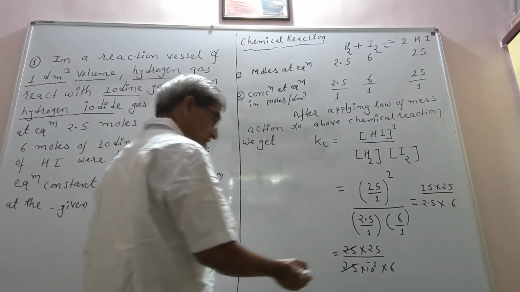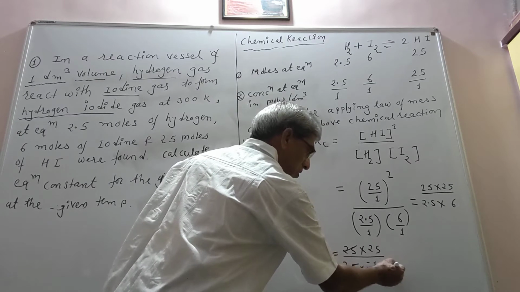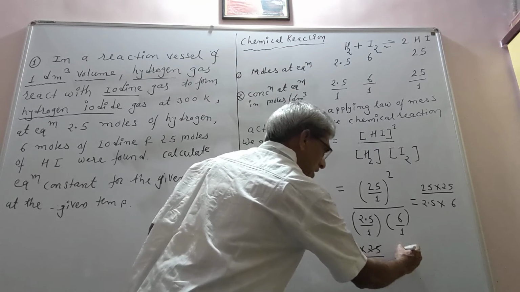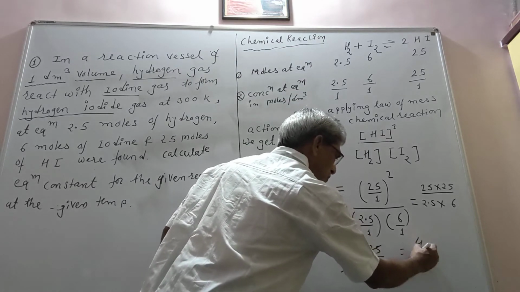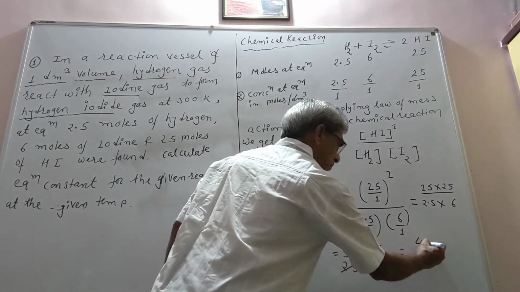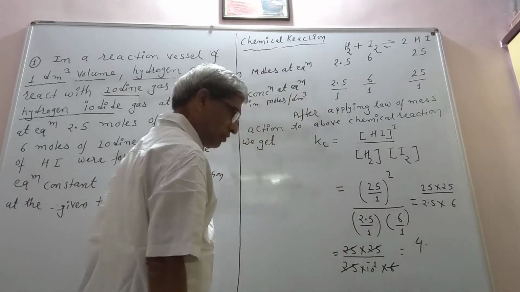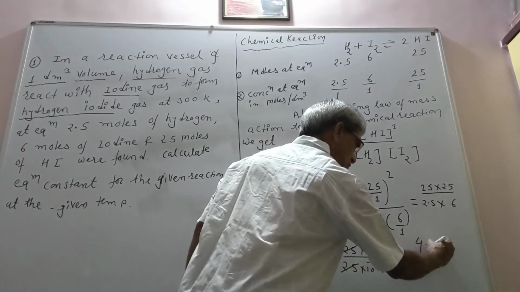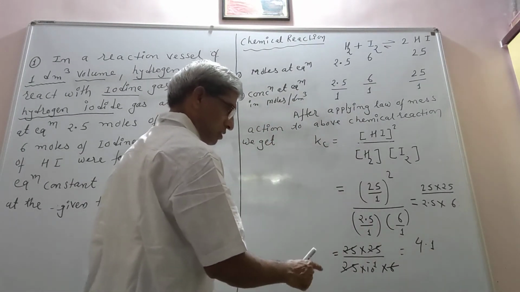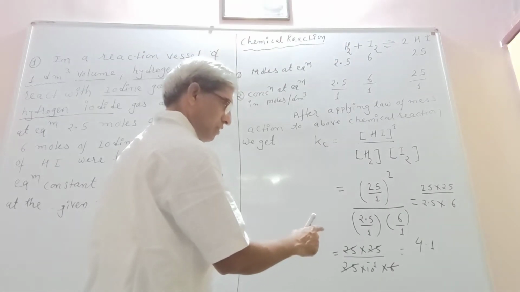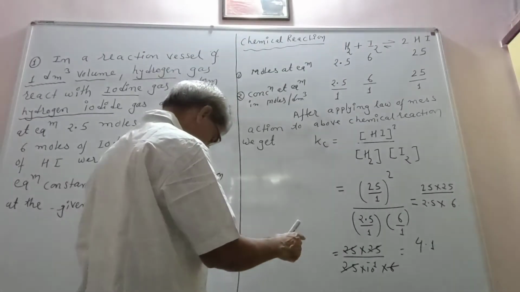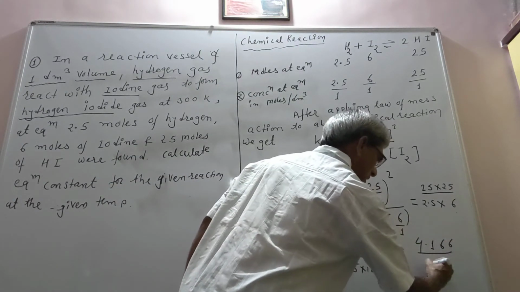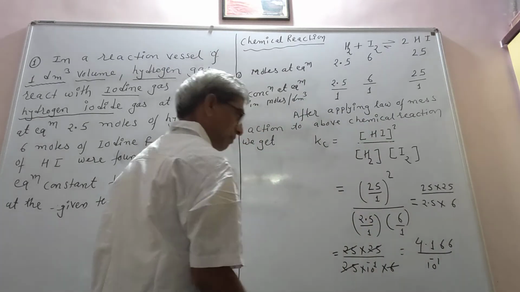Then we divide it. 25 divided by 6 equals 4 point, then divided, then left 4, then 6 divided by 10 raised to minus 1.